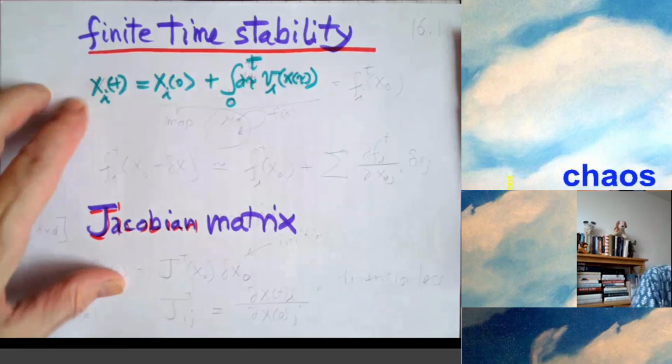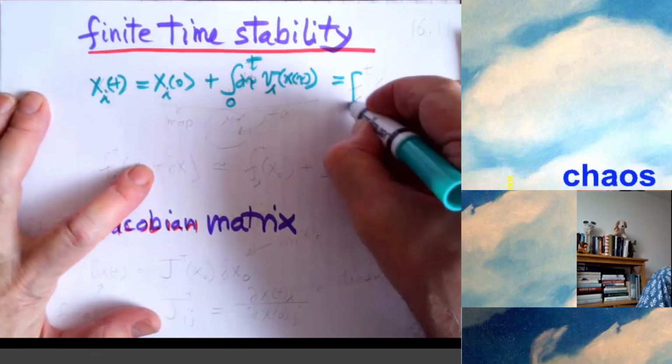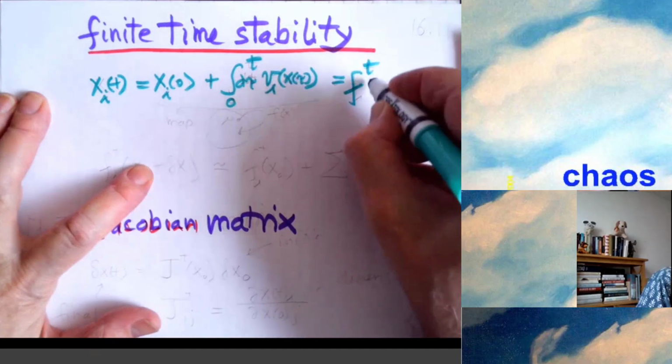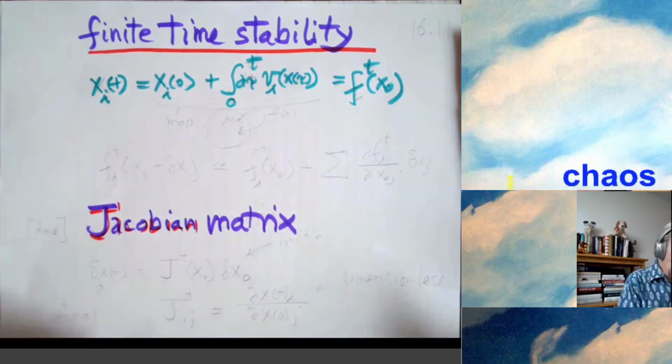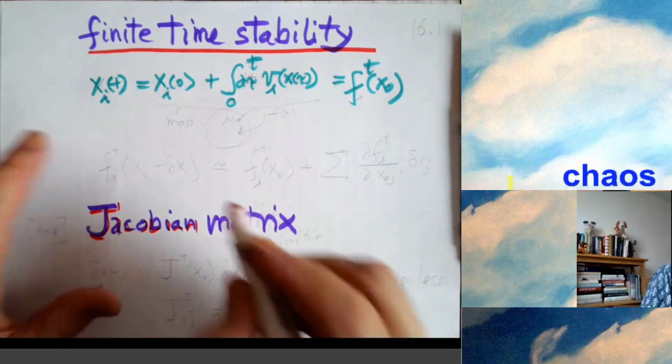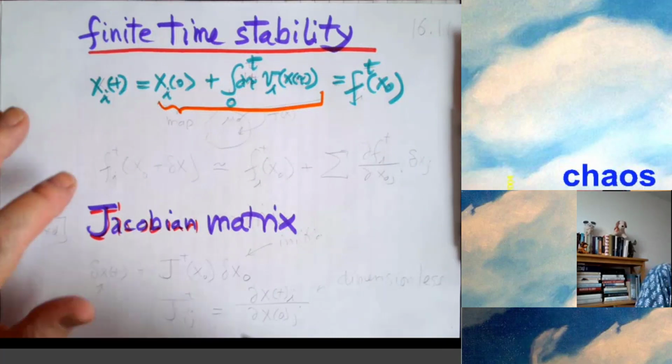That's how I get there. And let me just call this whole thing the function f^t of the initial point. So this thing is a map. Solution of a differential equation is a map.